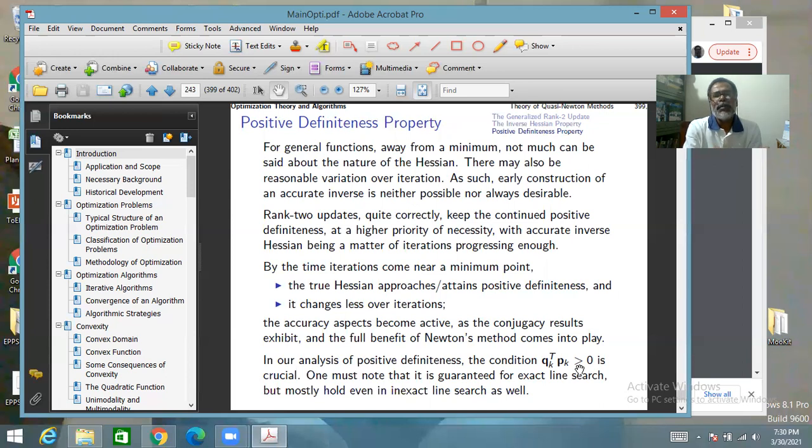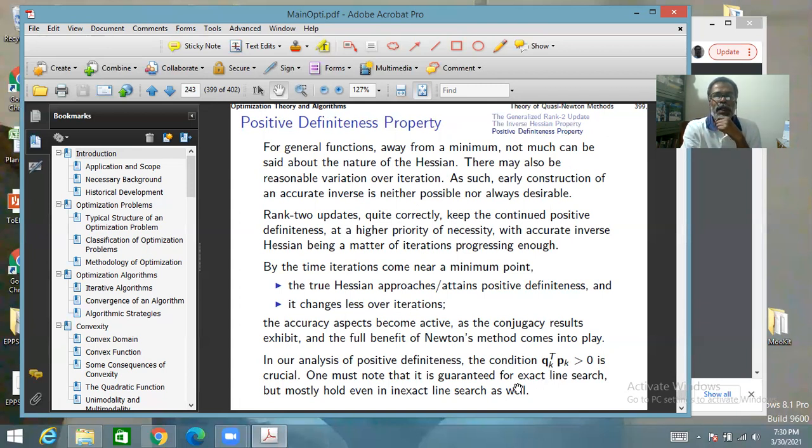However, in most inaccurate line search situations, it turns out to be true, because as long as at the point where you stopped your line search, the magnitude of the rate of change of the function is less than the magnitude where you started, this will turn out to be positive. There is no issue with that.